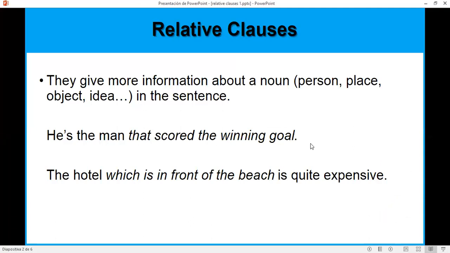It says they give more information about a noun, a person, a place, an object, or an idea in a sentence. Example number one, Pablo. Okay, he is the man that scored the winning goal.